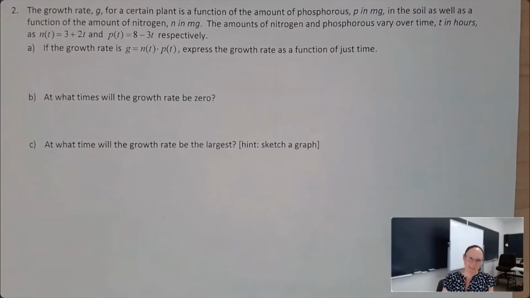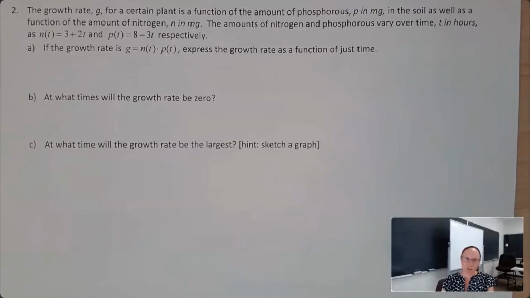From a calculus textbook, specifically from the Calc for Biosci textbook, the growth rate G for a certain plant is a function of the amount of phosphorus in milligrams in the soil, as well as a function of the amount of nitrogen in milligrams.